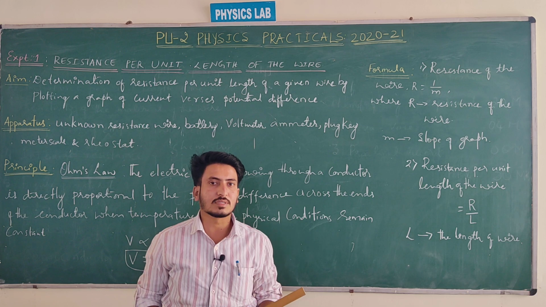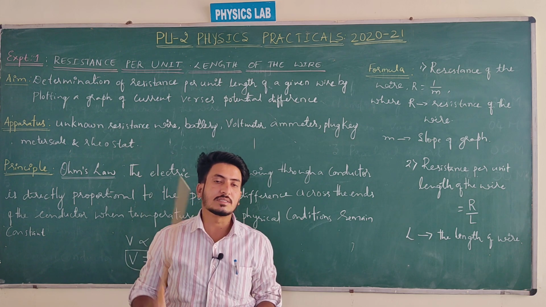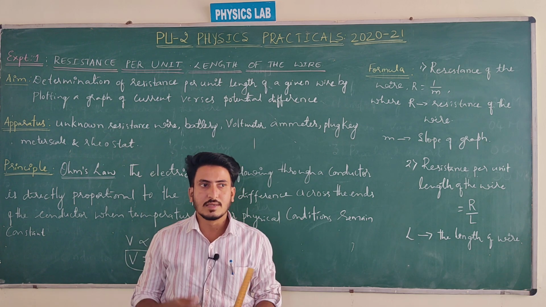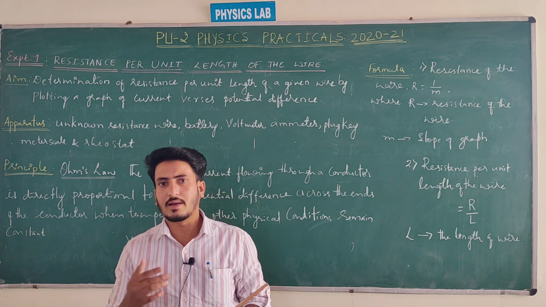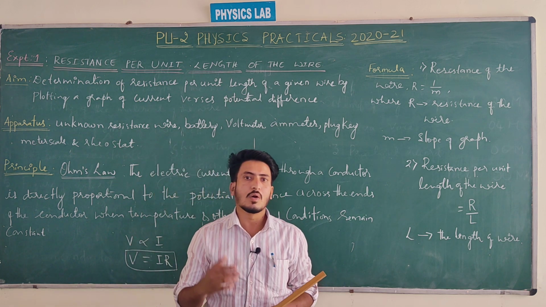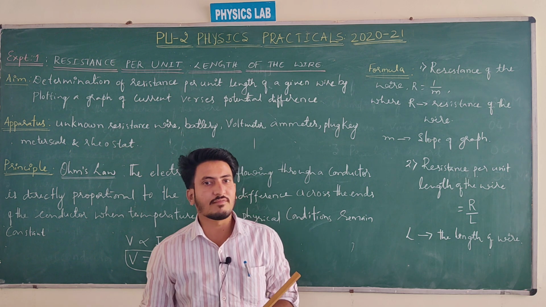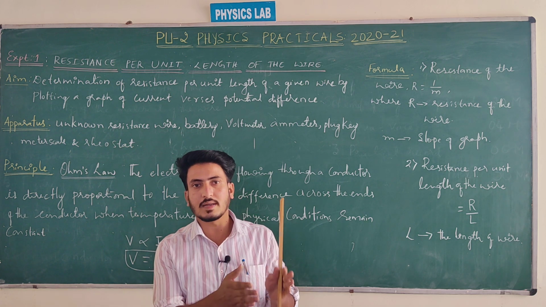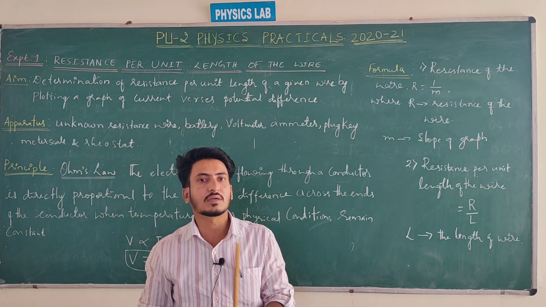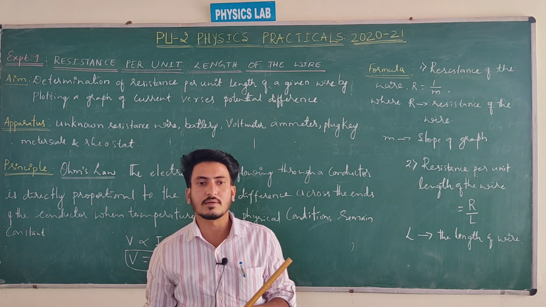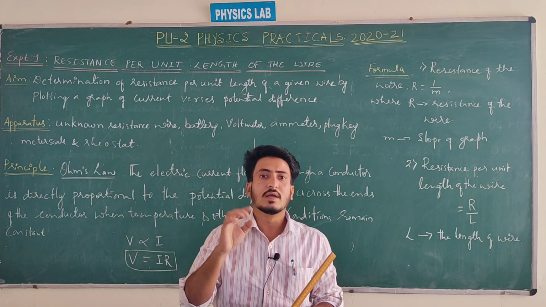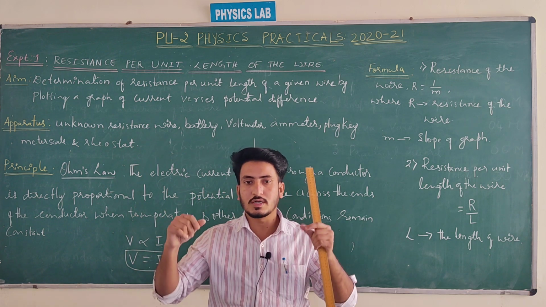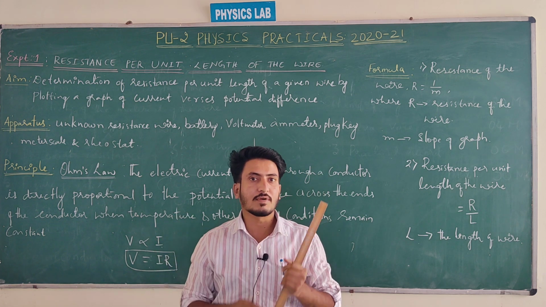So here we are going to start the first experiment, that is resistance per unit length of the wire. See, we have seen this already in the current electricity chapter. What do you mean by Ohm's law? We know that by maintaining constant temperature and other physical conditions constant, the current flowing in a wire is directly proportional to the potential difference across the ends of a conductor.